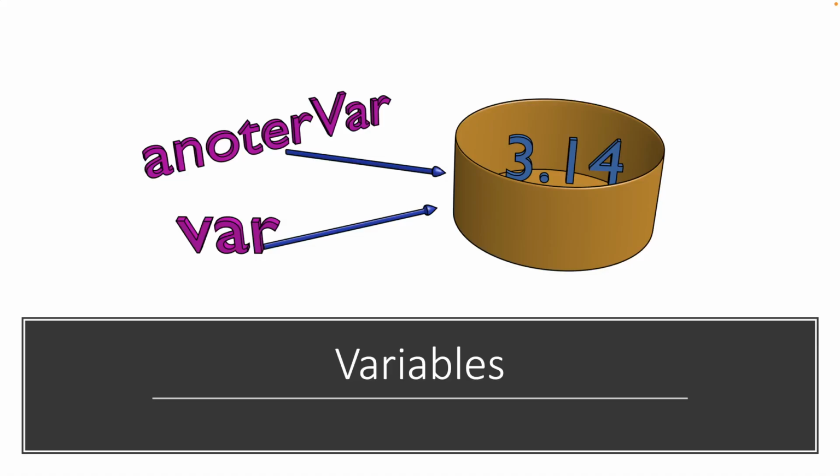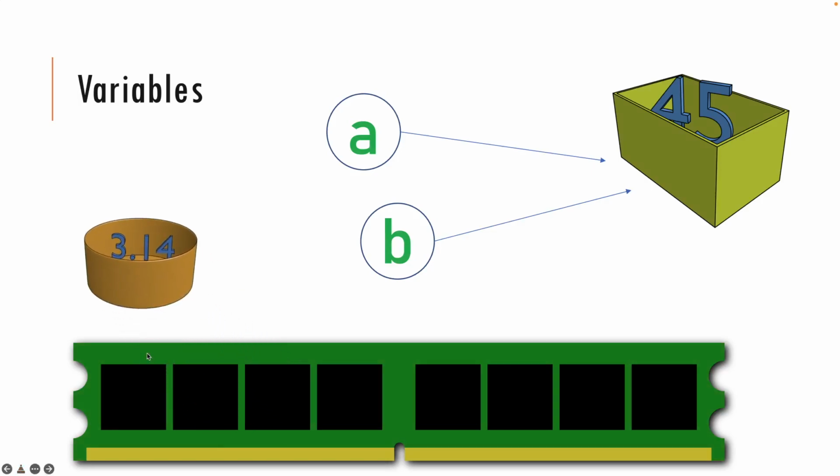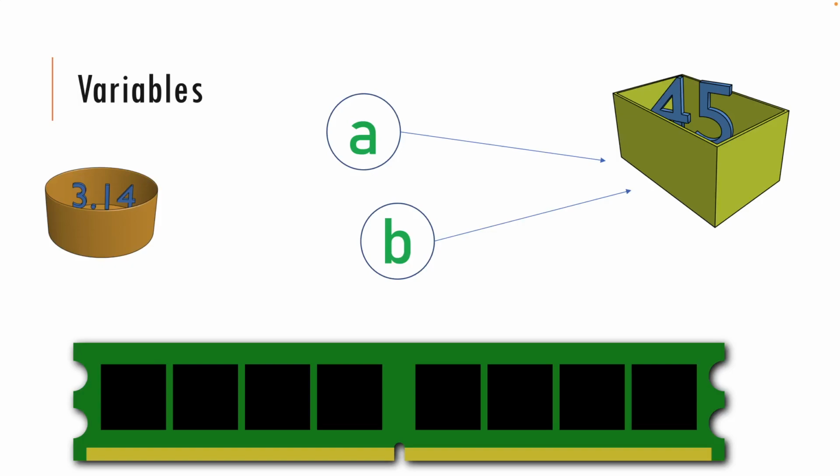Now let's continue our path. Likewise, this is what happened. If you put a equal to 45, multiple variables can refer to the same value. Do you understand? Let's say here we have another container.